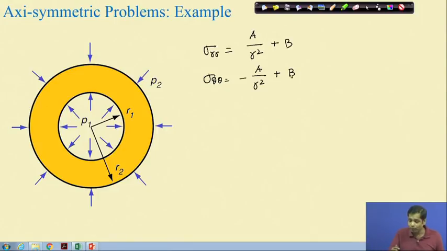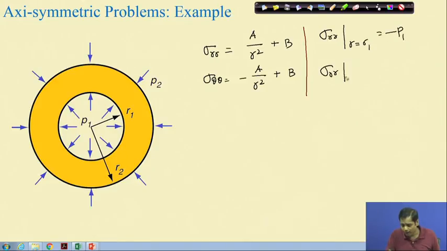And what are the boundary conditions? Sigma RR at R equal to R1 is minus P1, and sigma RR at R equal to R2 is minus P2. Please note it is minus P because this is compression. Had it been tension, it would have been plus P.